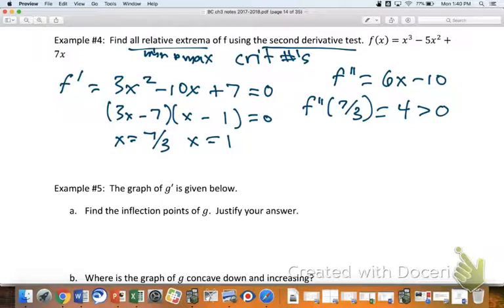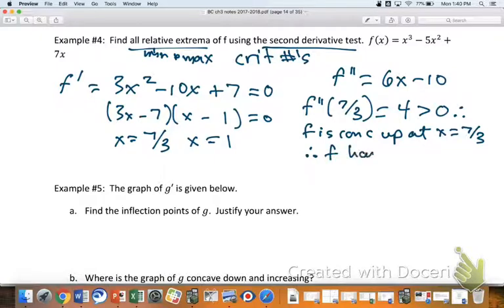And Jasmine said this well. If f double prime of 7/3 is positive, doesn't that mean that f is concave up? So you don't have to say this line, but if you said, therefore, f is concave up at x equals 7/3, therefore, f has a relative what? Minimum at x equals 7/3.